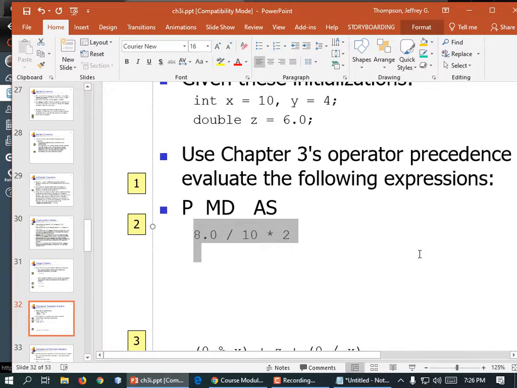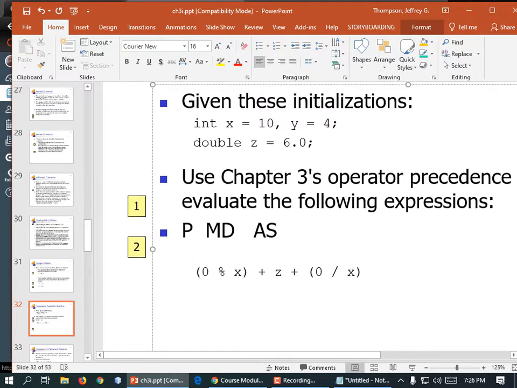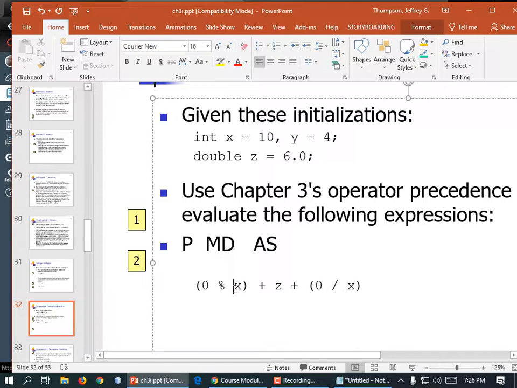Now for the next one. 0 modulus x. Well, that's silly because 0 modulus anything is equal to that number, right? Because 10 can't go into 0. So this 0 modulus x is equal to 10. I'm sorry that they did that because it's stupid.